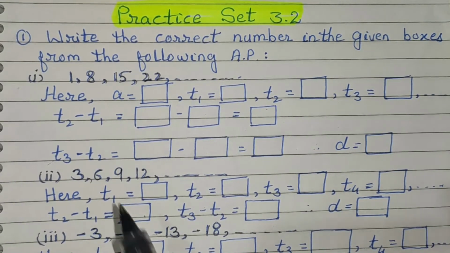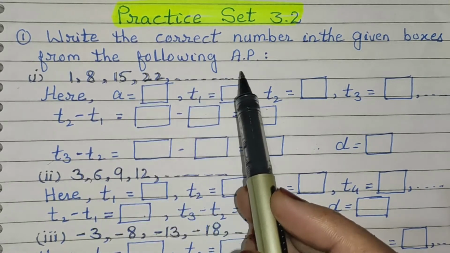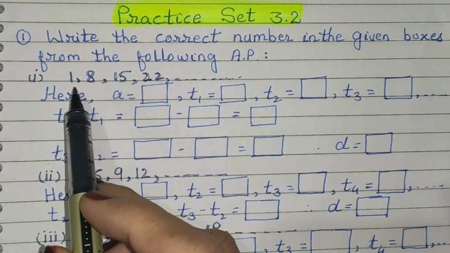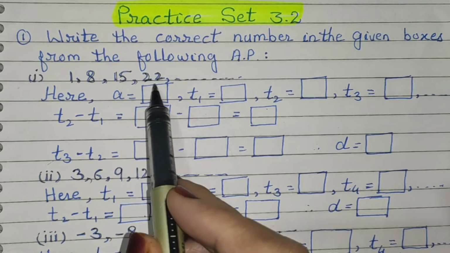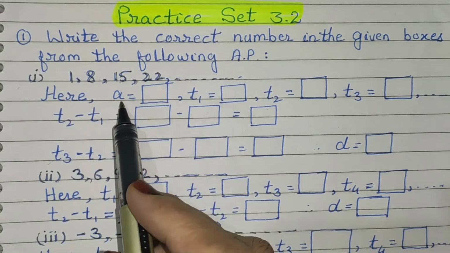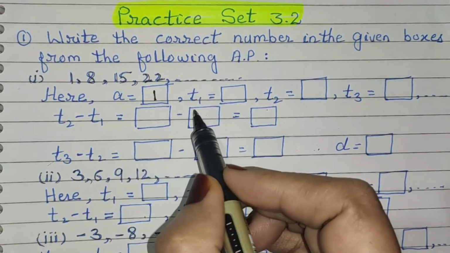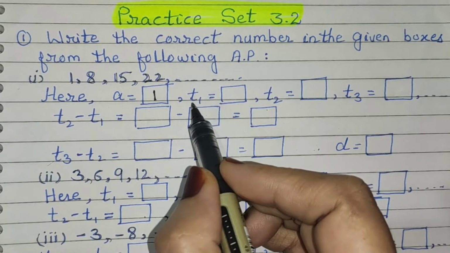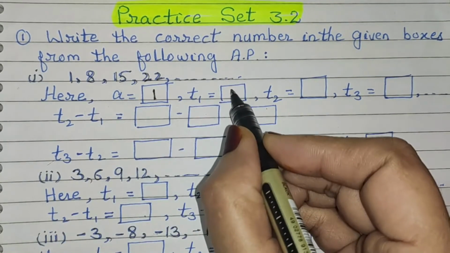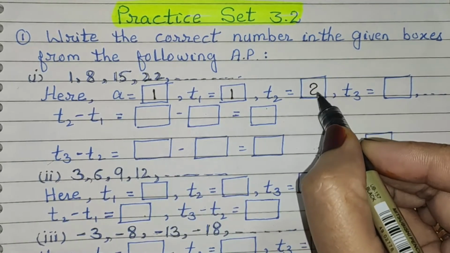First question is write the correct number in the given boxes from the following AP. The first AP is 1, 8, 15, 22. Here a is equal to 1. It is also known as T1, first term, which is equal to 1. T2 is the second term, 8.